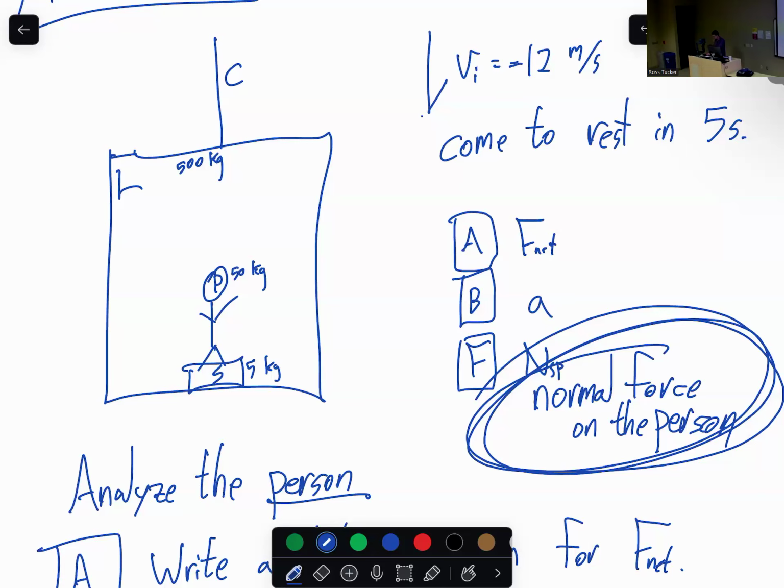You should have a number for F. We are looking for a number now. And we're looking for a force. The units of force are not meters per second squared.